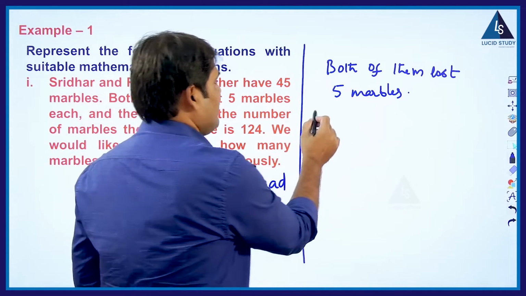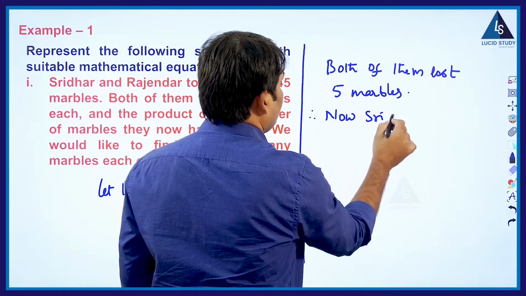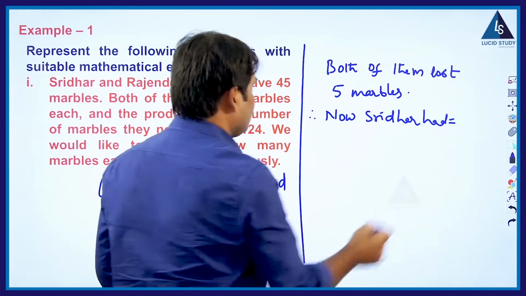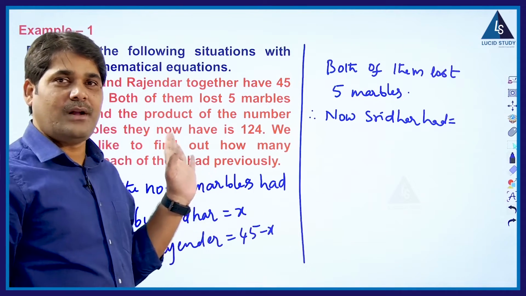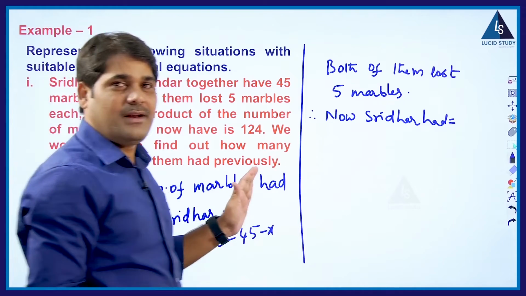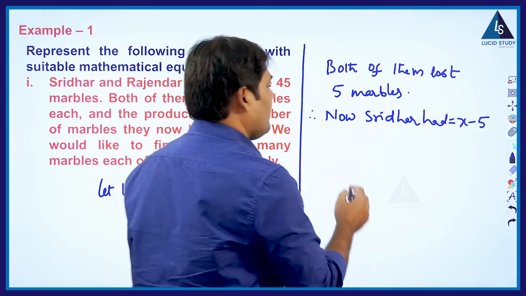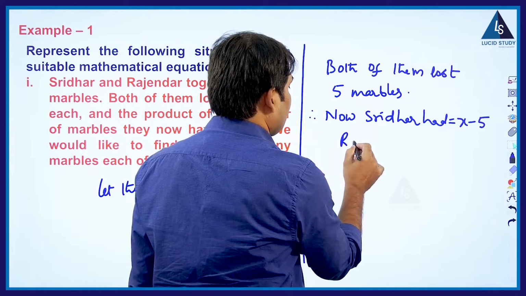So now Sridhar had how many marbles? He was having x before. Now he lost 5. So how many he will have? So we need to subtract 5 from that. So x minus 5. Next, who is that? Rajendra.